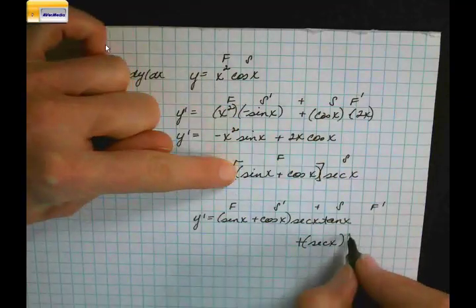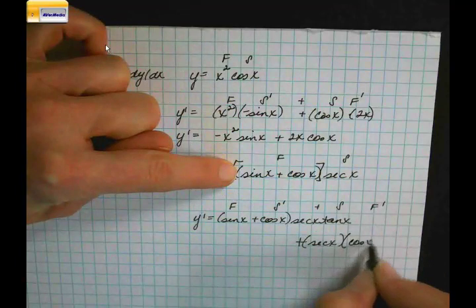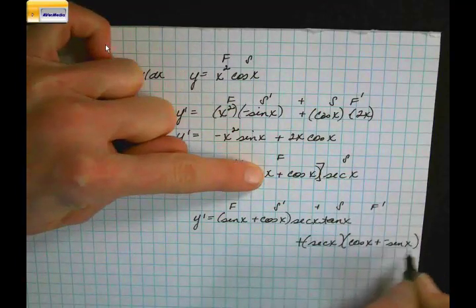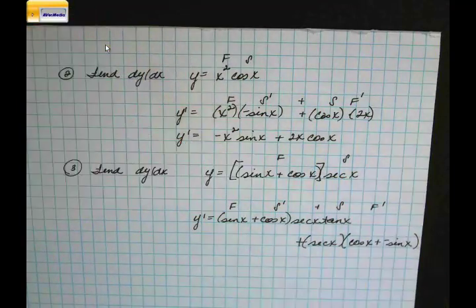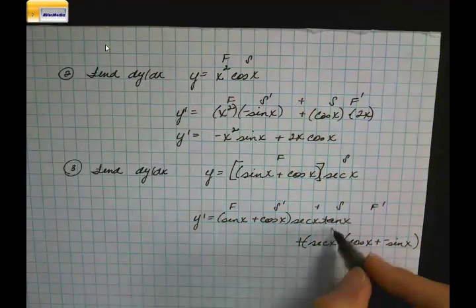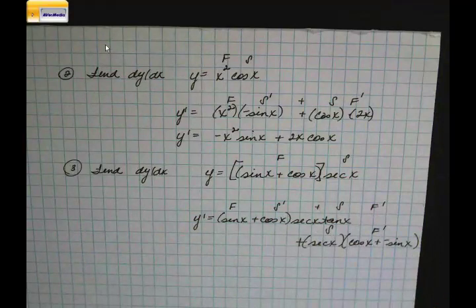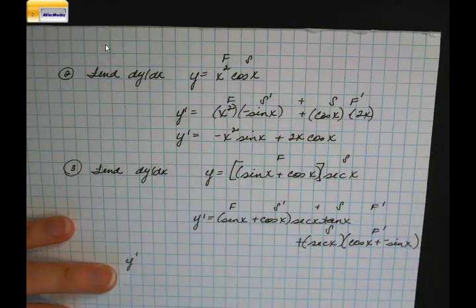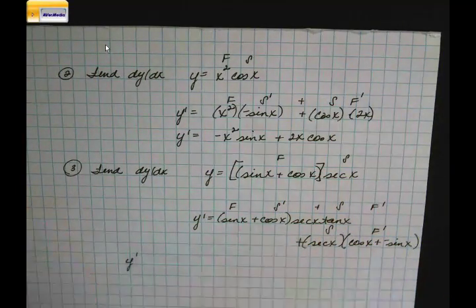The derivative of sine x is cosine x, and the derivative of cosine x is negative sine x. There, I got it to fit on the page. Okay, so this is the second, and this is the derivative of the first. I just didn't have enough room, so I'm going to shift left a little bit and write all this down.